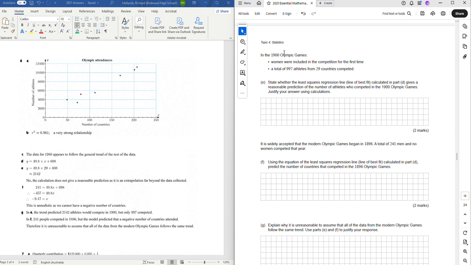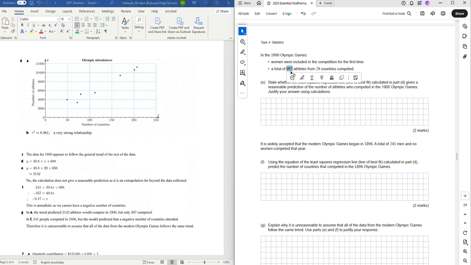In the 1900 Olympic Games, women were included in the competition for the first time, and a total of 997 athletes from 29 countries competed. State whether the least squares regression line, calculated in part D, gives a reasonable prediction for the number of athletes who competed in the 1900 Olympic Games. So here it's asking you to work out how many athletes were a part of it.